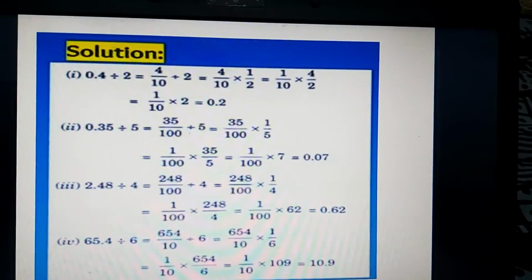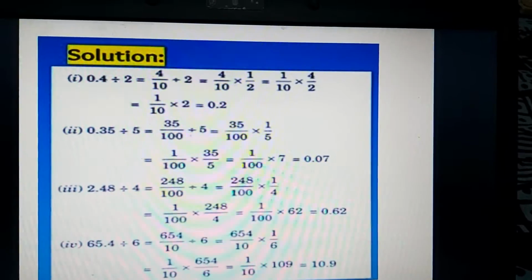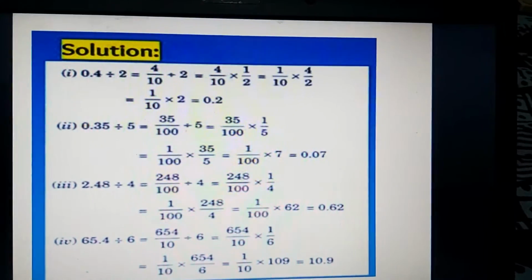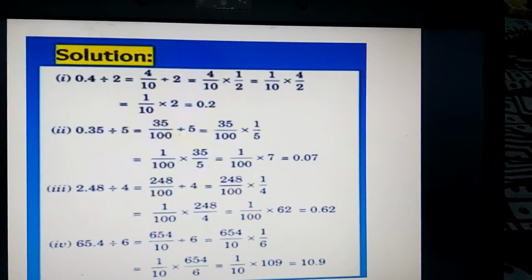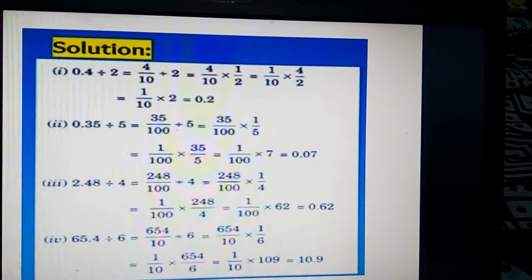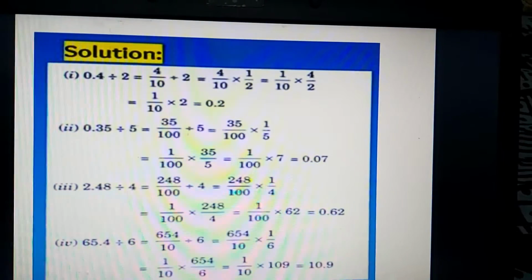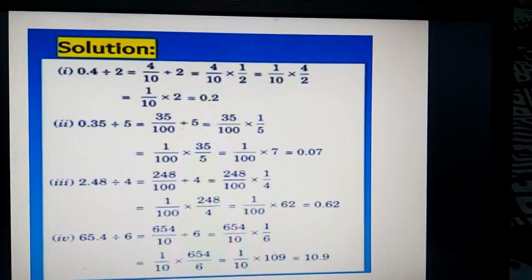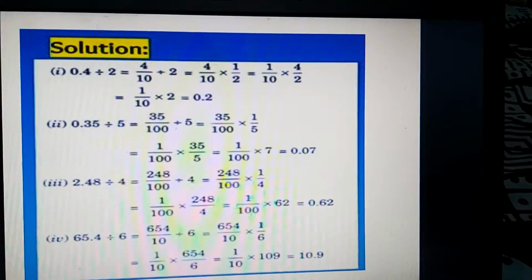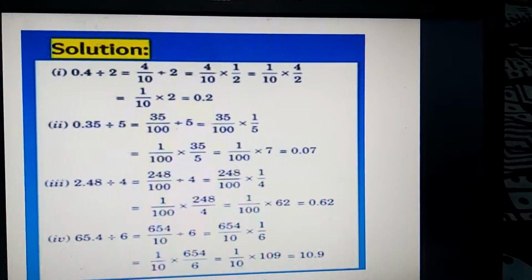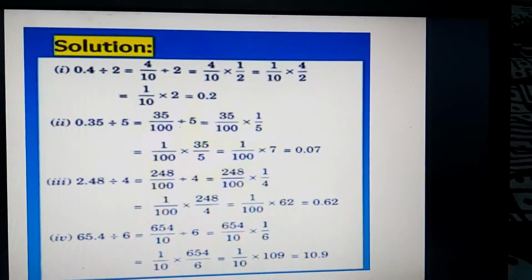When we change the divide sign, in place of that we can write the multiplication sign. So 4 by 10, and we write 1 by 2. Here we can cancel 2 into the 4 and divide by 10. So 2 divided by 10, we will have the answer 0.2.